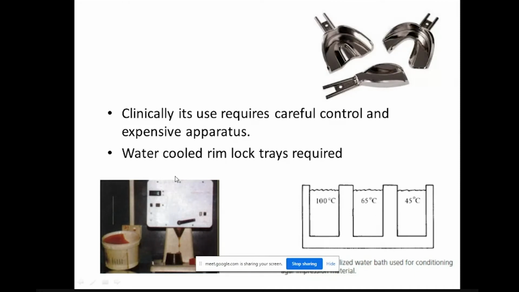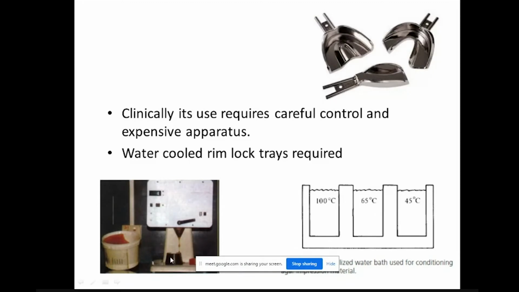The material, after heating, will come here to the tray, like this line. Here it's clear. This is the agar-agar impression.